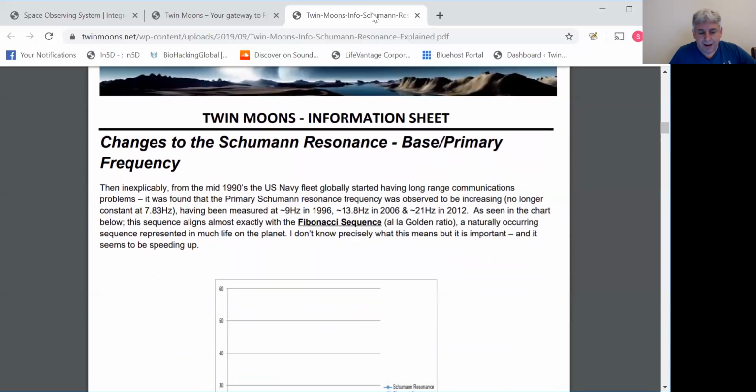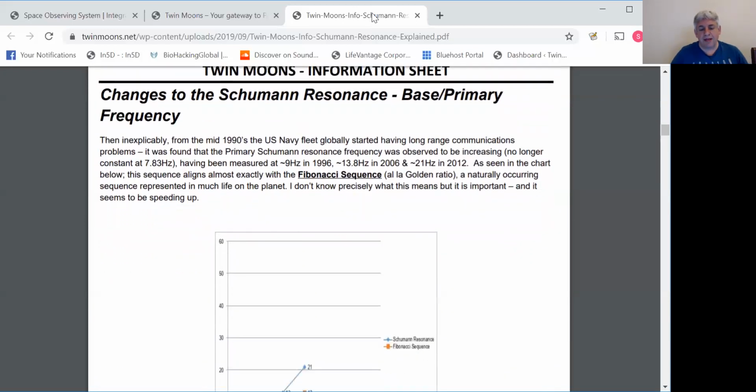Moving down through the paper, we get to a point where in the mid-90s, the US fleet started having radio signal dropout. At various points the radio receivers or transmitters would not be able to successfully transmit a radio signal. It was intermittent and cleared, but it became more and more persistent.